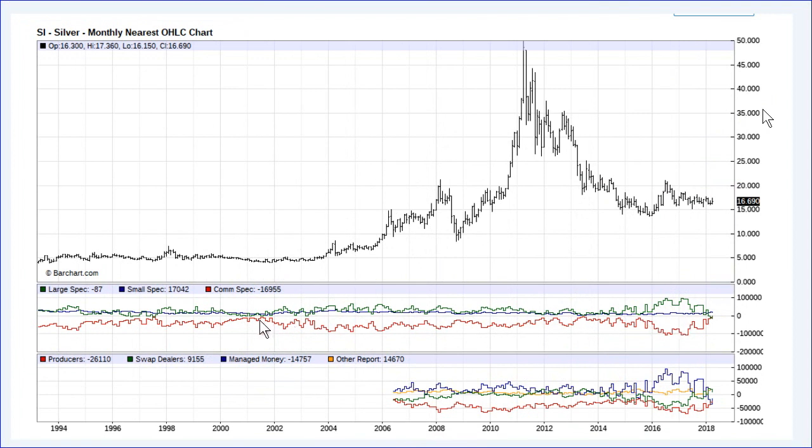So what we see here is that if people want to release their stock to markets, the commercial shorts increase because they believe prices are good, and if the red line falls back to zero, they either believe prices will be better in the future, or quite frankly they've got nothing to sell.